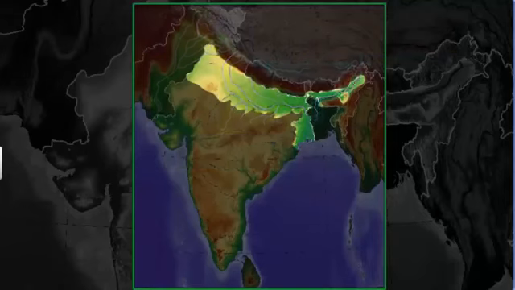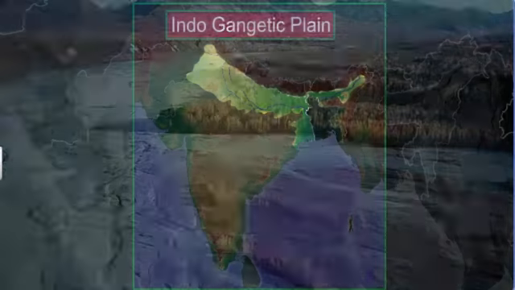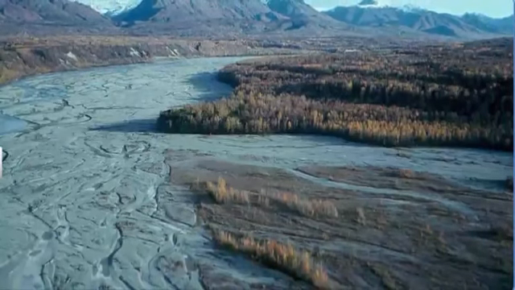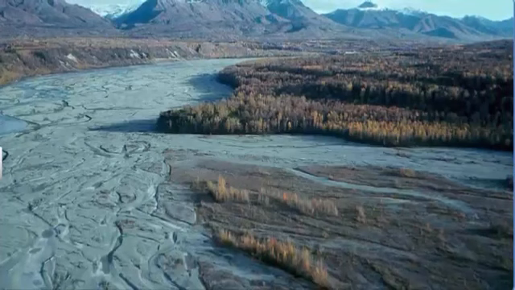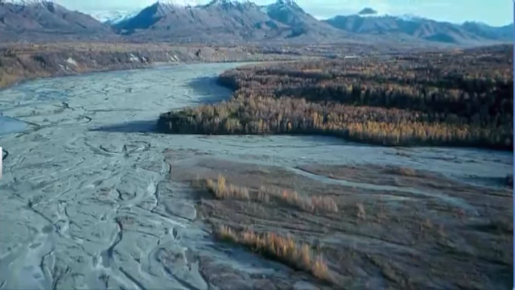Based on the names of these river systems, the northern plain is also called the Indo-Gangetic Plain. The alluvium from these river systems was deposited in the vast basin at the foothills of the Himalayas over millions of years.